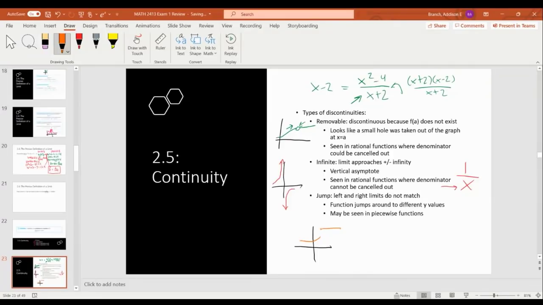And the place where you'll probably see that will be in a piecewise function where they give you something like f of x is equal to g of x when x is greater than something, and h of x when x is less than or equal to something, like the ones that look like that.